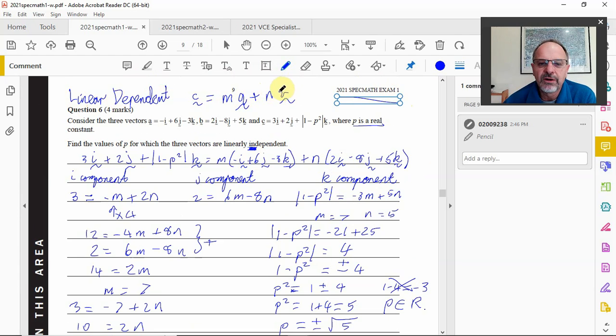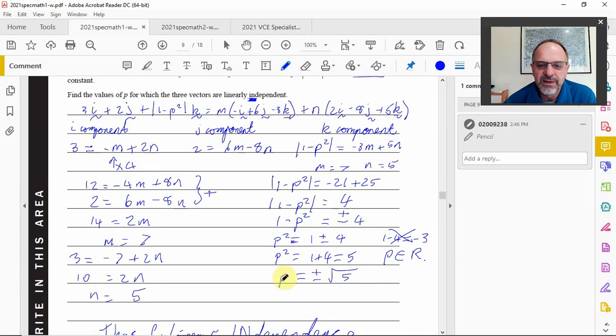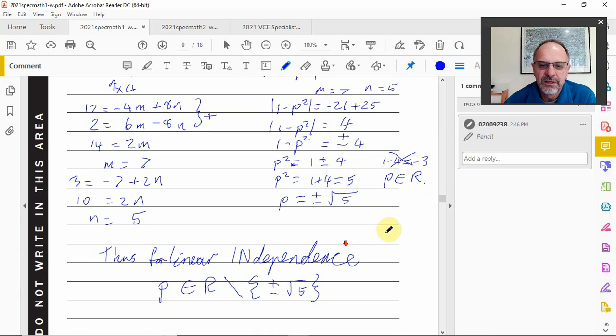So we worked with that relationship, found out what p would be if they are linearly dependent, and so because p is an element of R, it could be anything other than these two things, plus or minus root 5. Okay, 4 marker, so there needs to be a fair bit of working out shown for you to get your full marks.